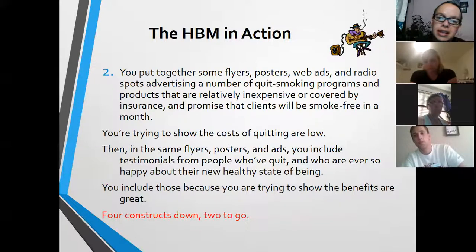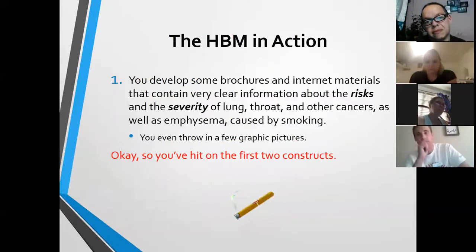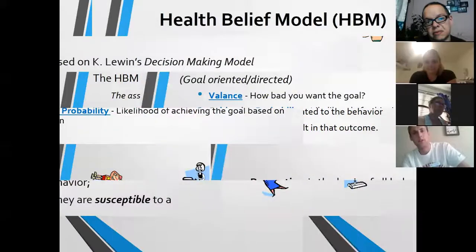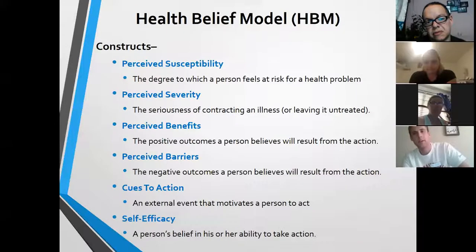So with this one, to make sure I'm understanding correctly, this would be the reason we would want those brochures, it would help with the value expectancy, right? So they're expecting, because those testimonials are in there of the benefits, the value expectancy just went up in why to do the intervention. Is that correct? Yes, exactly. We have done until now susceptibility, severity, and benefits.